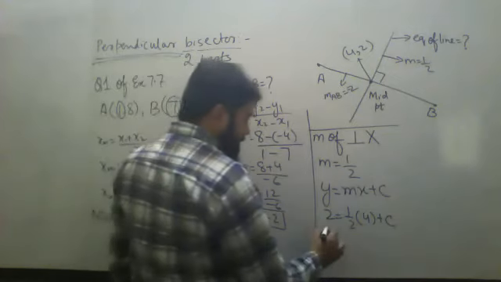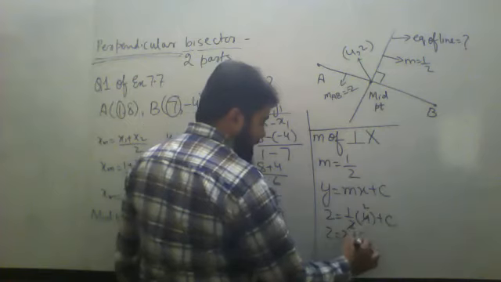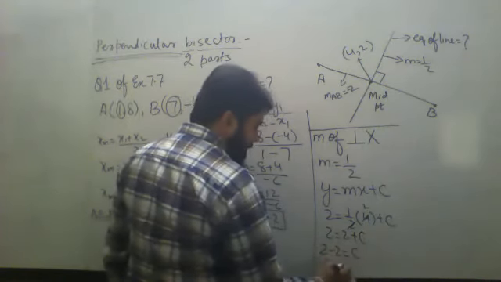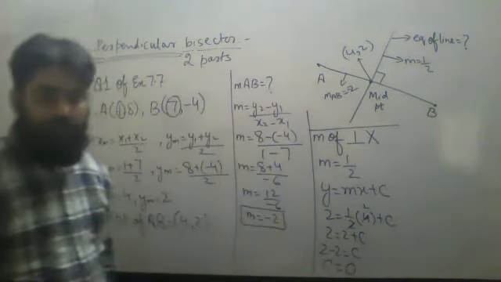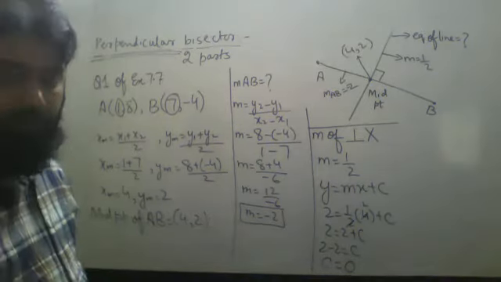Simplifying it, 2 equals 2 plus c, 2 shifted over here, 2 minus 2 equals c. The value of c is coming 0.